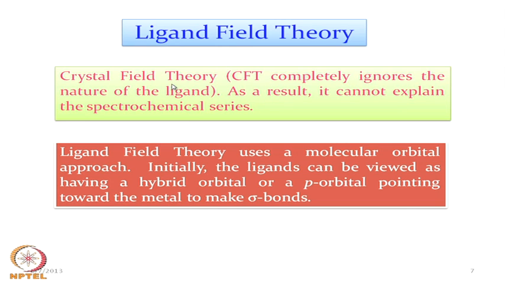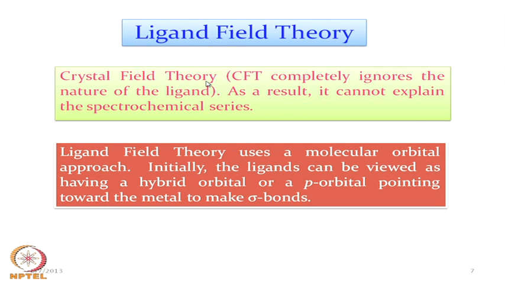And what we have ignored in crystal field theory is the nature of the ligand. Slowly we will go towards this theory, where we have to consider the nature of the ligand, whether the ligand is carbon monoxide or CN minus or N3 minus or SCN minus. They all have different types of hybrid orbitals available for donation to the metal center.